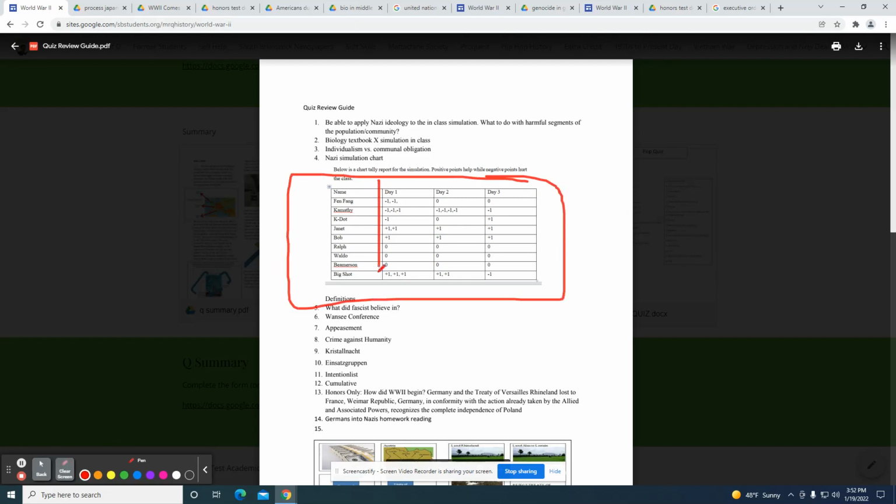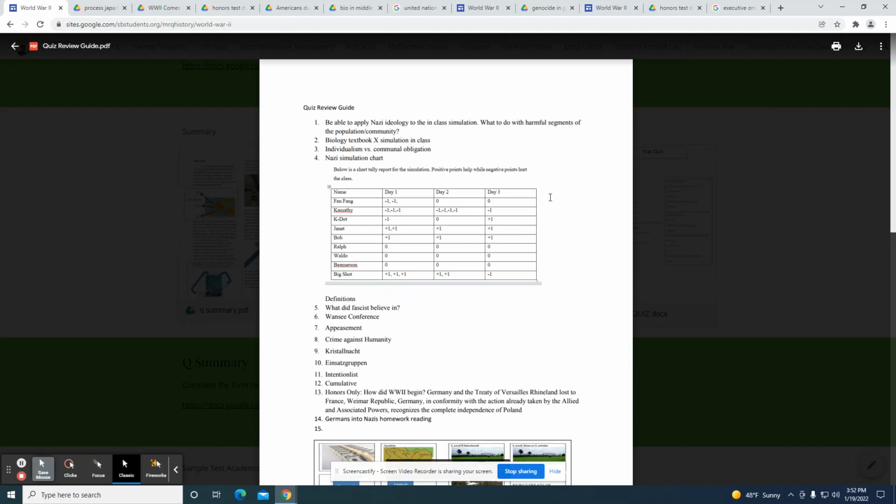We see the student names. These are the students from the class, as well as the negative, positive, or 0 points that are being accumulated. So you want to focus on the students being social, those that are contributing, like this individual right here, Janet, who seems to have 4+ points in comparison to this individual, Fen Fang, who's at a -2. So that's it for that particular section.